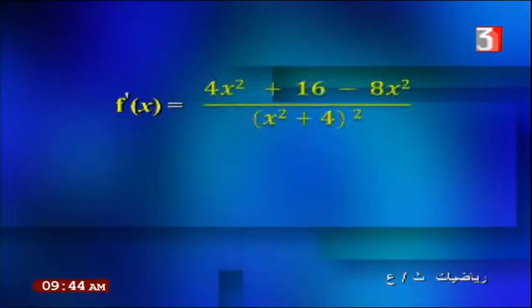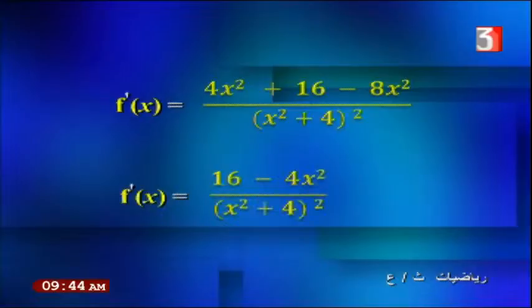We can write this f dash x as 4x power 2 plus 16 minus 8x power 2 all over x power 2 plus 4 all power 2. Then f dash x equals 16 minus 4x power 2 over x power 2 plus 4 all power 2.